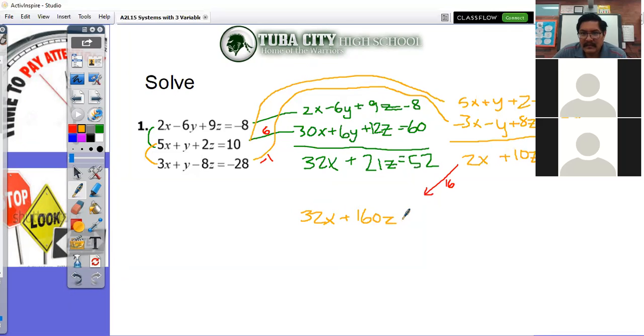Z equals, and I don't know this one right off the top of my head, so let me go ahead and grab a calculator just to make things move smoothly. 38 times 52. I'm sorry, not 52, 38 times 16. Wrong number. So that'd be 608.